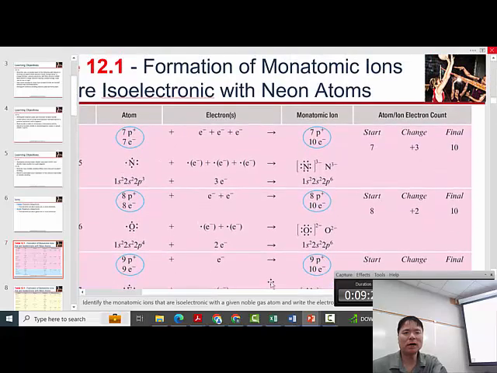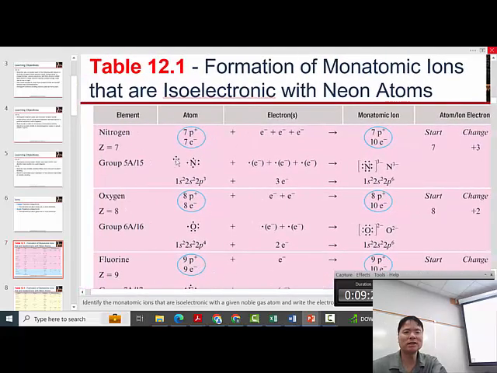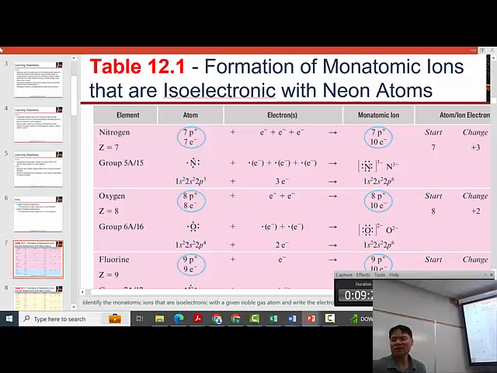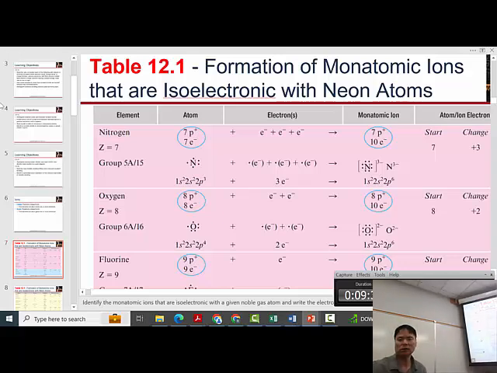We have the 5 dots because there are 5 valence electrons, and the valence electrons are in the highest n. So when we look at the highest n here, it's 2, and we sum up the total number of electrons. We have 2 in the 2s and 3 in the 2p. But what we're going to do is combine those to get a total of 5 electrons in the highest n, and then we'll show it like this.